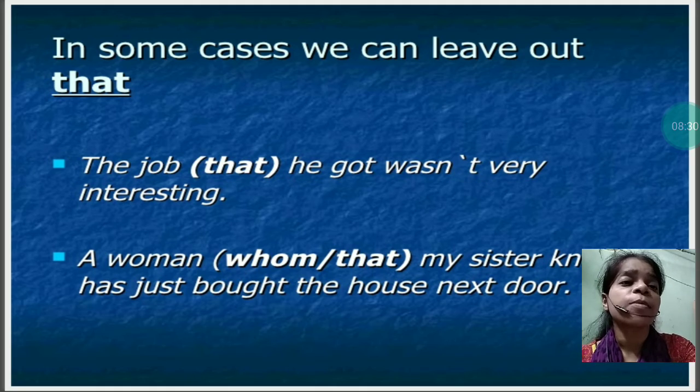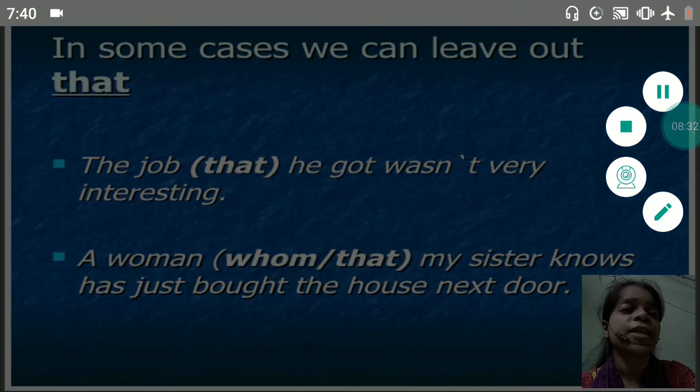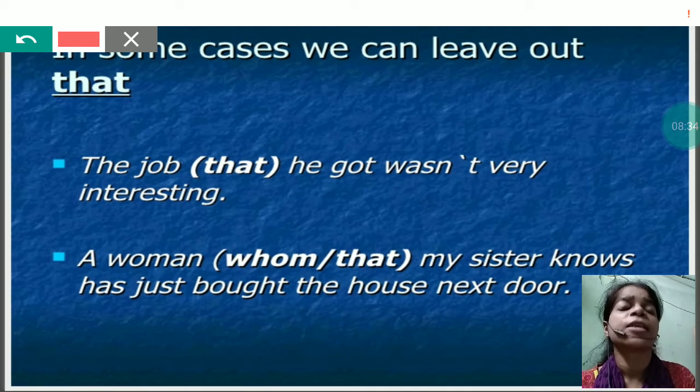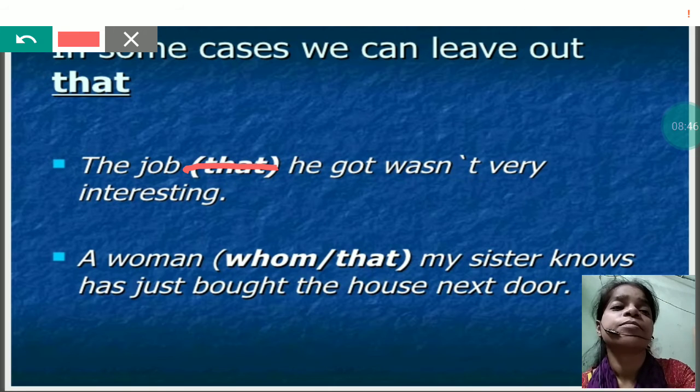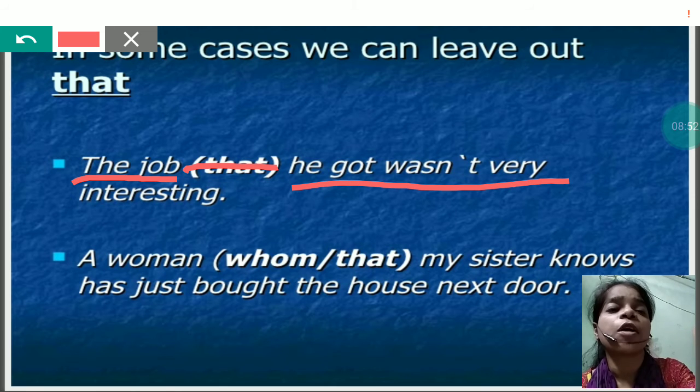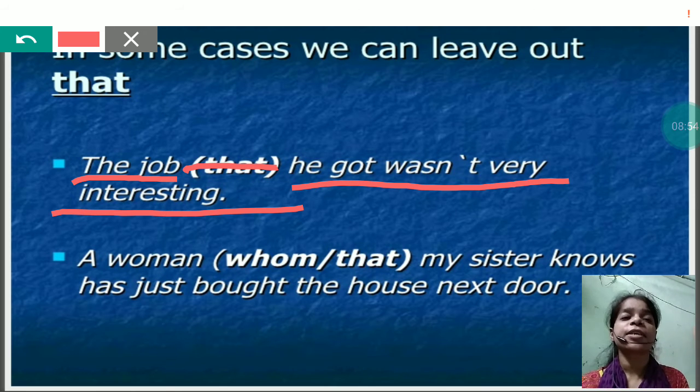Like the job that he got wasn't very interesting. This is the sentence. Now just remove that. You can say the job he got wasn't very interesting. Still the meaning of the sentence is the same. The job he got wasn't very interesting. The relation between job and what he got wasn't very interesting.